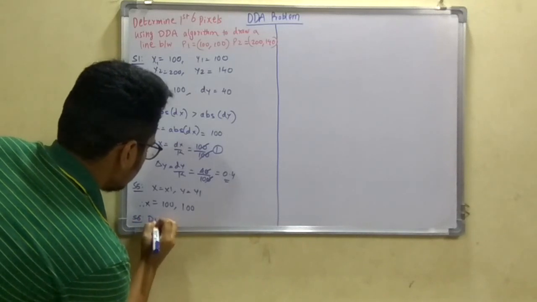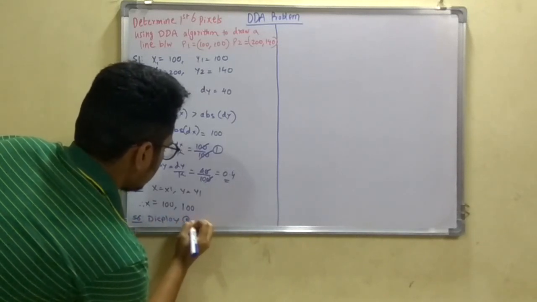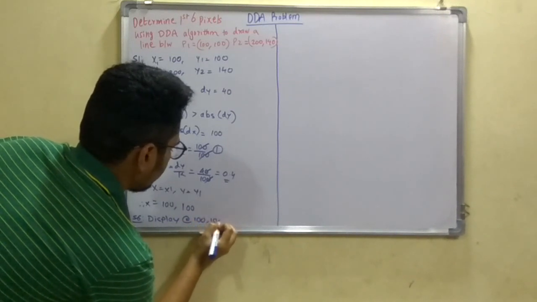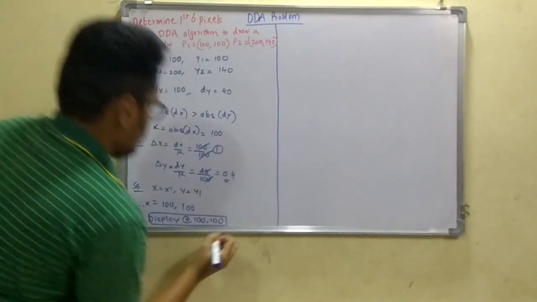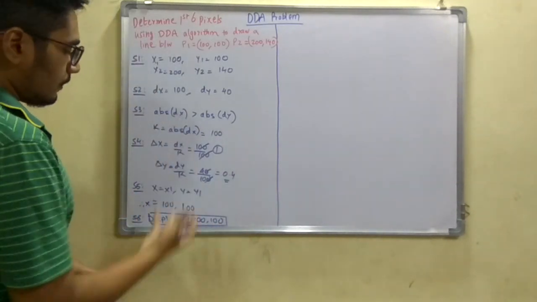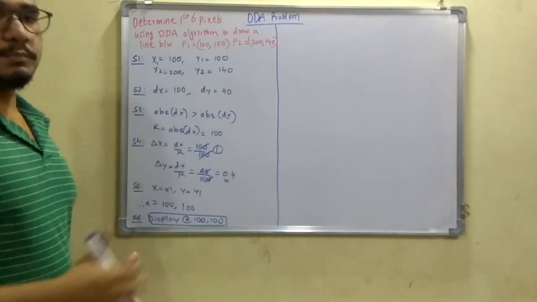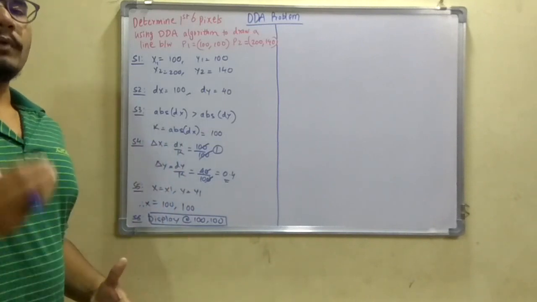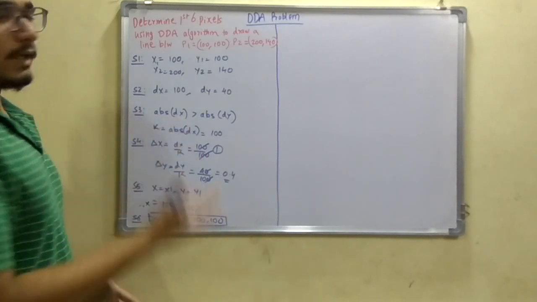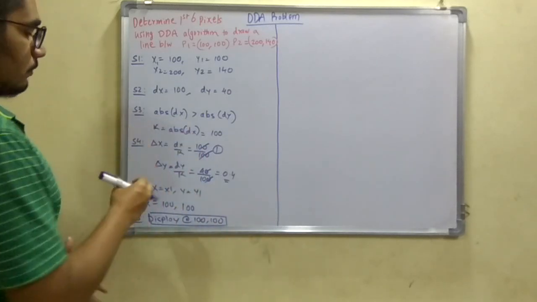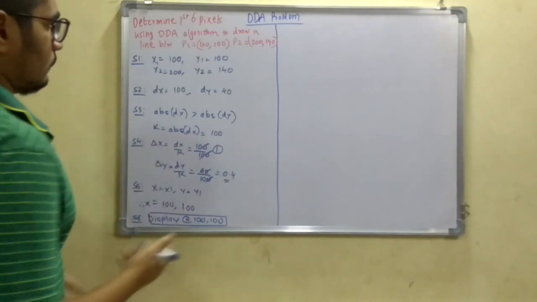Step 6 is to display this pixel at 100, 100. It means we first list out all these 6 points, and then we plot them. In the very last step we'll plot them on a graph, showing how to display those pixels.